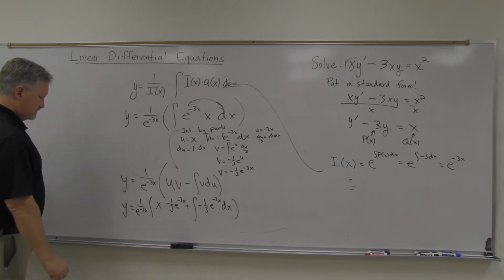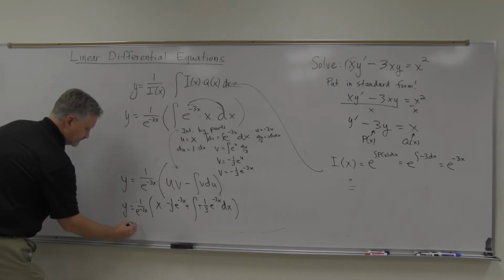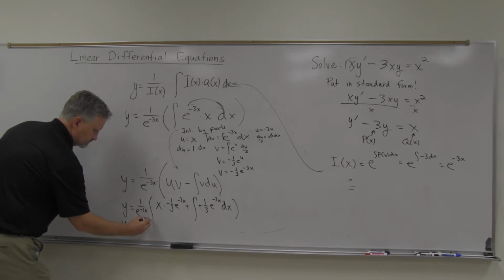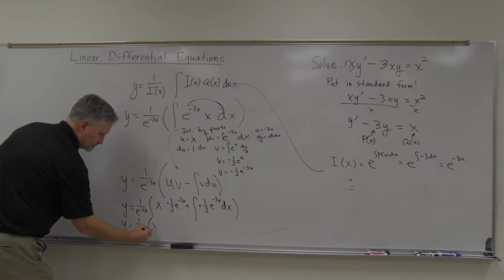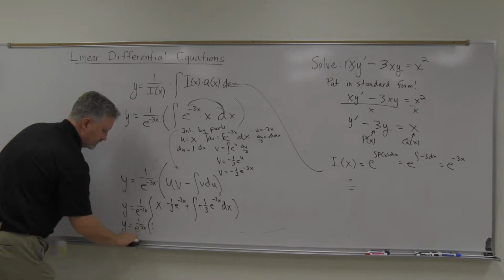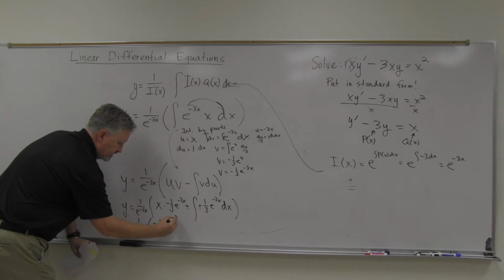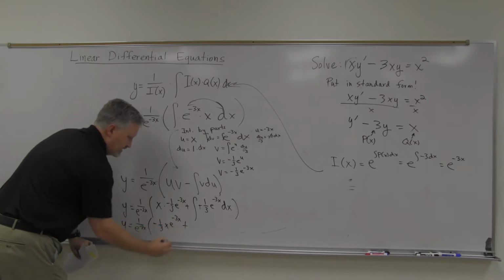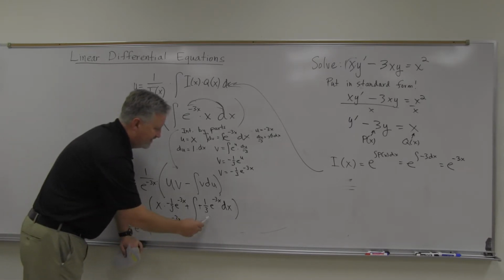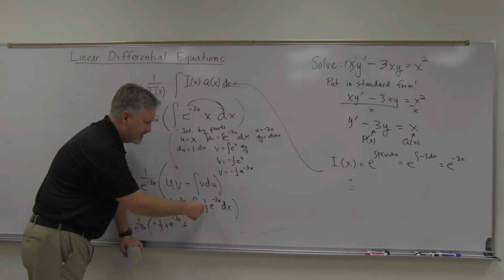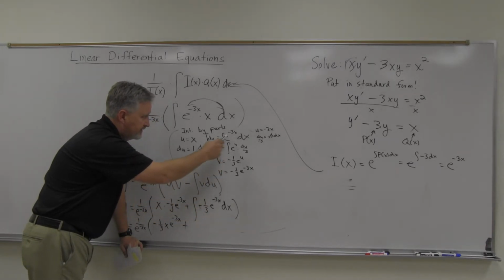So let's make this minus 1/3 x e to the minus 3x, plus, all right, well, again, that's an easy enough integral. We've got basically the e to the negative 3x again.